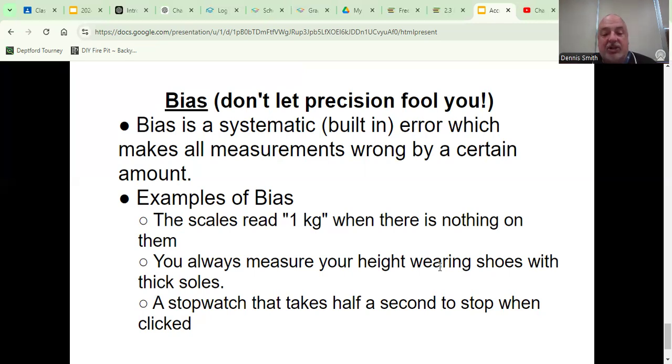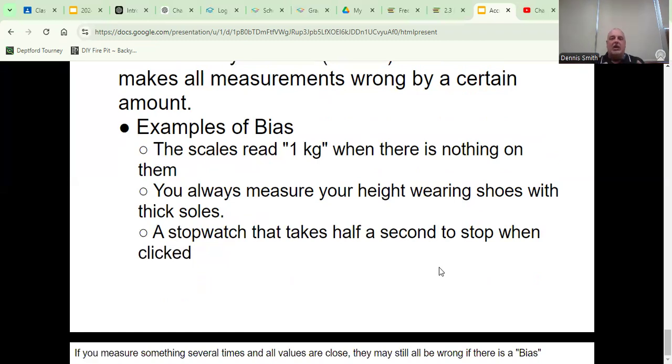Or a stopwatch that takes half a second to stop when it's clicked. There's always going to be those little types of bias that could throw off the accuracy of your numbers. So if you measure something several times and all the values are close, or precise, they may still all be wrong if there is a bias involved.